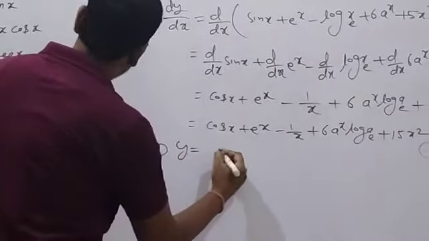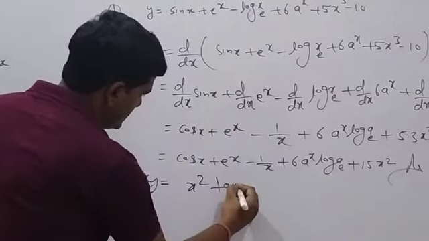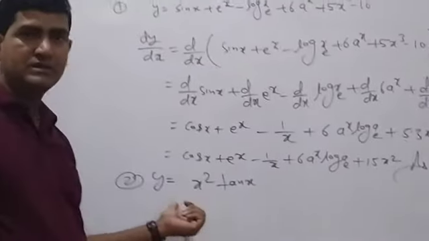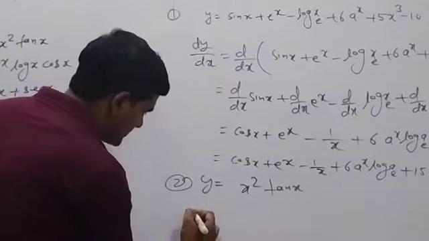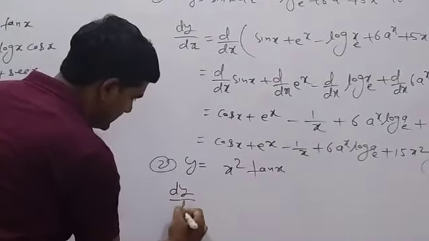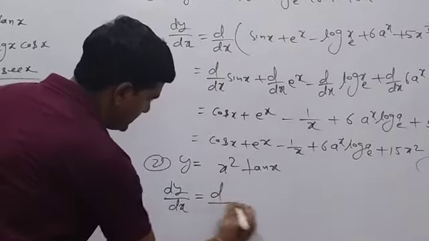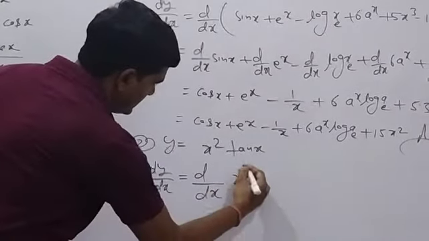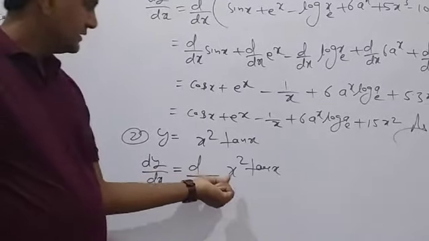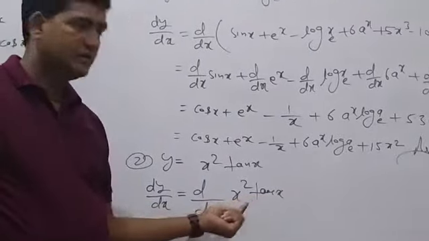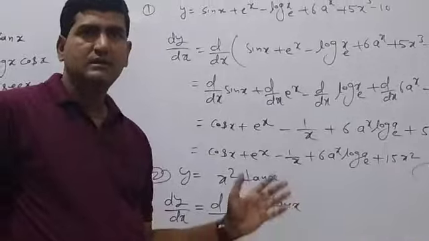If y is equal to x square into tan x. Here y is equal to x square into tan x. Then first of all put the symbol. dy by dx is equal to d by dx of x square into tan x. Here is a product of two functions, x square and tan x.